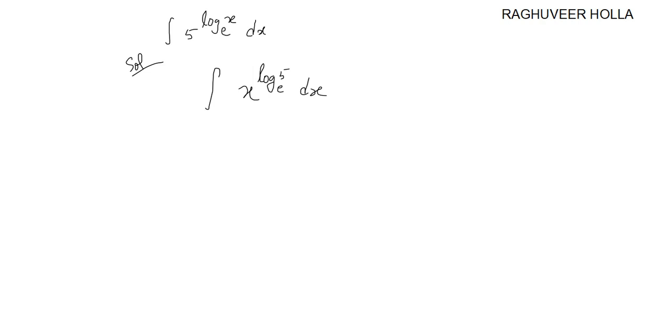Now further, if I try to solve this, this is x to the power of n dx, so that will be x to the power of n plus 1 divided by n plus 1.